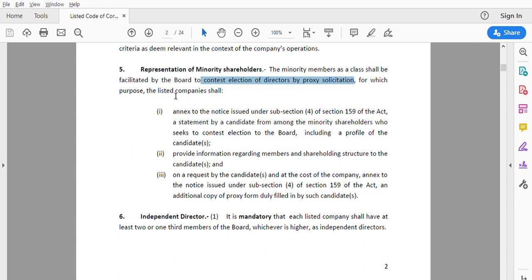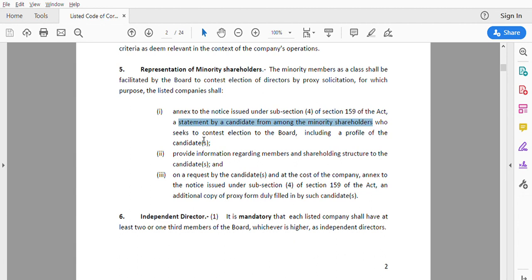The regulation encourages facilitating the minority shareholders, and the way to do that is to annex to the notice a statement by the candidate from the minority shareholders, including a profile of the candidate.